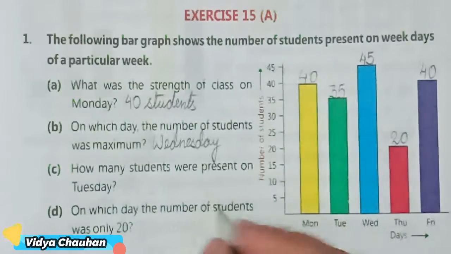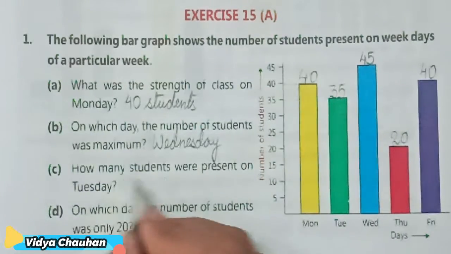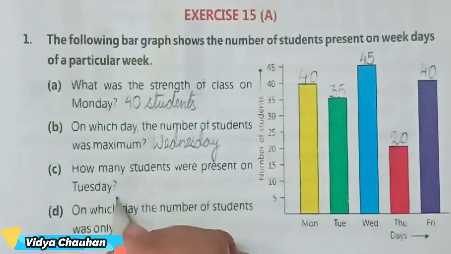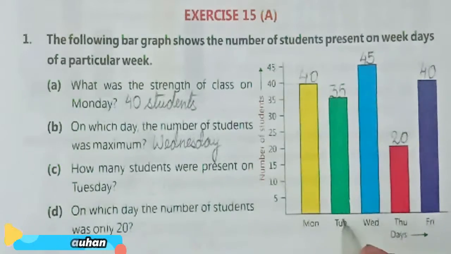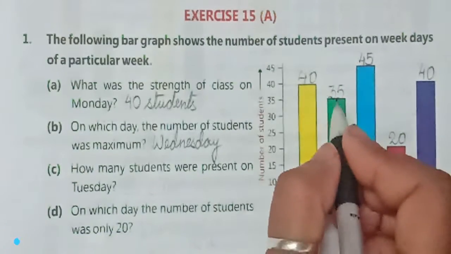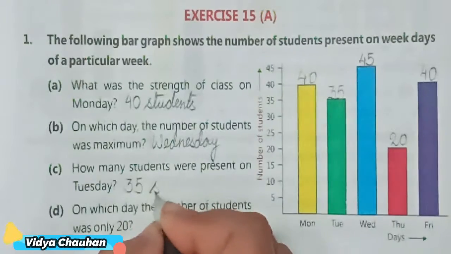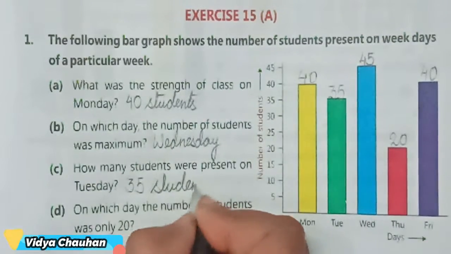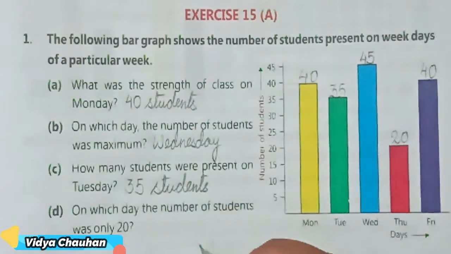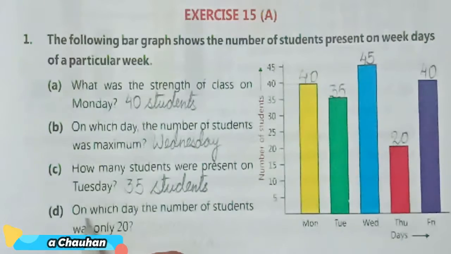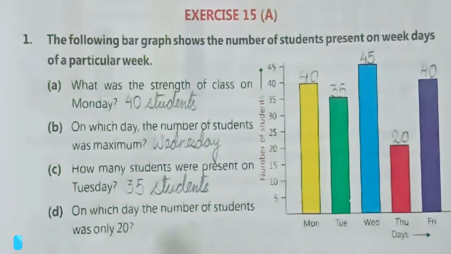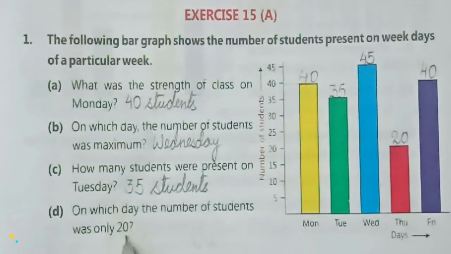Clear students? Then how many students were present on Tuesday? 35 students. So on Tuesday 35 students were present. Coming to the last part, on which day was the number of students only 20?